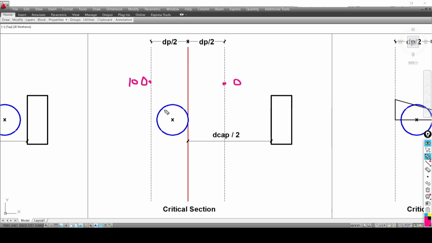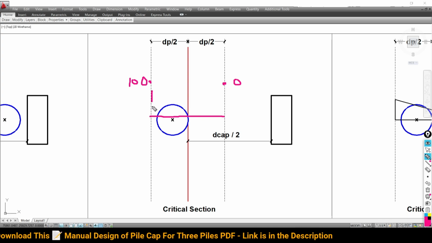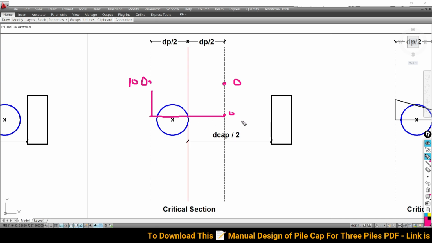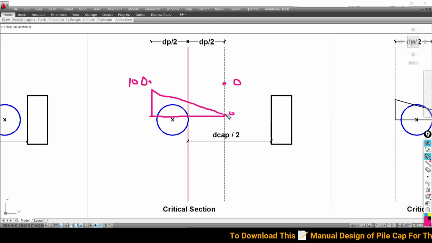But you may ask a question, sir, if the center of the pile is coming in between, then what to do? In that situation you have to do linear interpolation, because a triangle will form. Here you have to consider 100%, here you have to consider 0%. So you have to do the linear interpolation and find out the value at this point, in reference to the center of the pile.